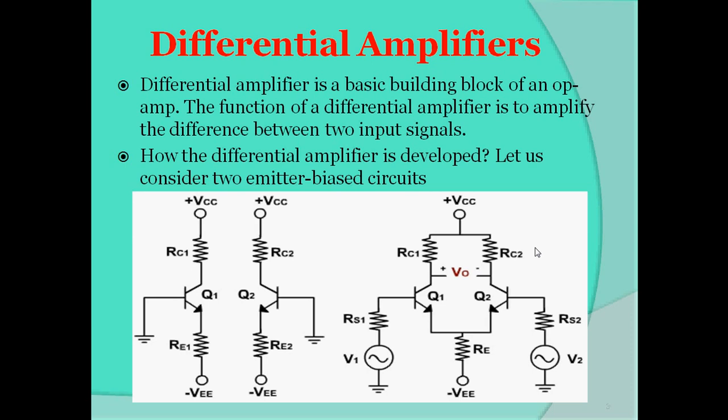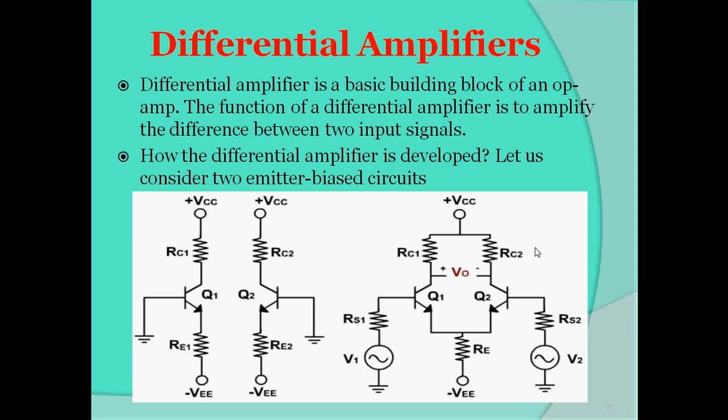The input signal V1 is applied to the base of transistor Q1, that is B1, and V2 is applied to the base B2 of transistor Q2. Also, we are going to measure the output voltage between the collectors C1 and C2 as V0.